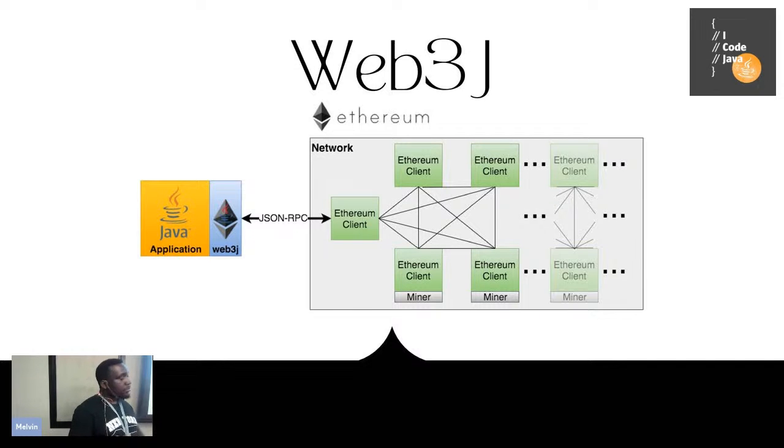Now, the communication between the network and the user's application has to be from the network to the API and then to the phone, or the desktop if they're using a desktop. However, if it's a non-custodial one and the user is willing to take responsibility of storing the keys, then the communication will be from this library directly to the network. So that's the difference between custodial and non-custodial.